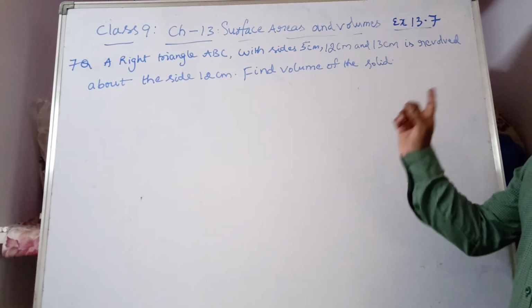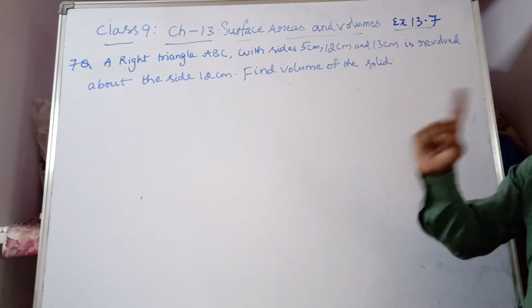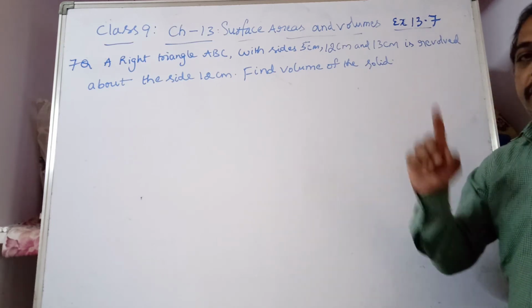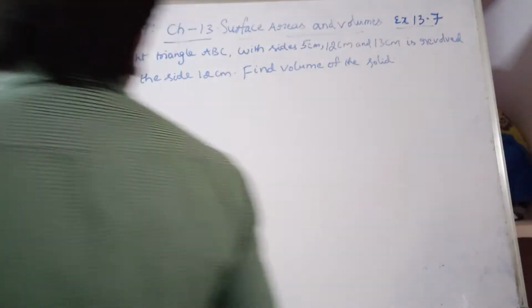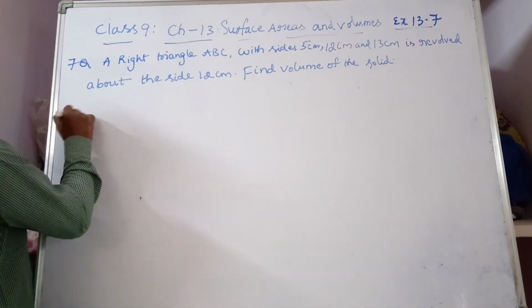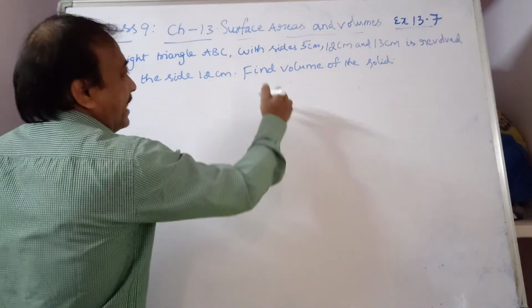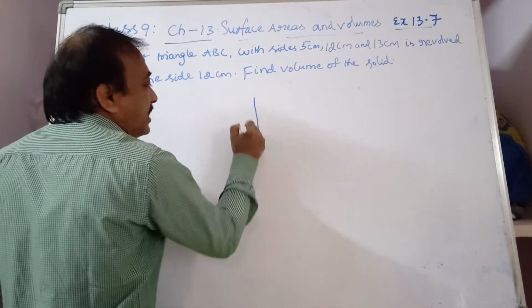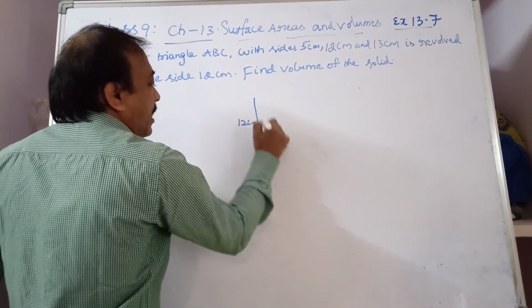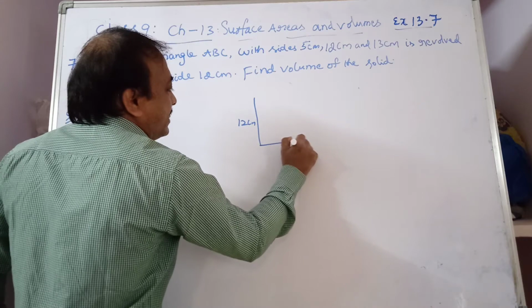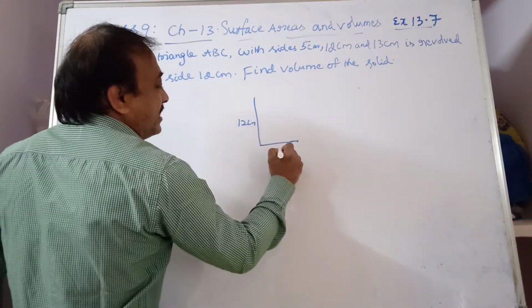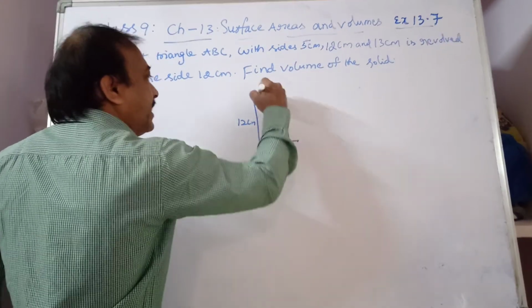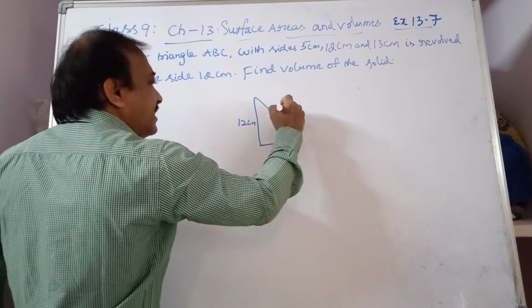It is revolved about the side 12 cm. So first we need to draw the diagram. About the side means the height. This is 12 centimeters, and the radius, that is here 5 centimeter, is the base. And this is 13 centimeter.